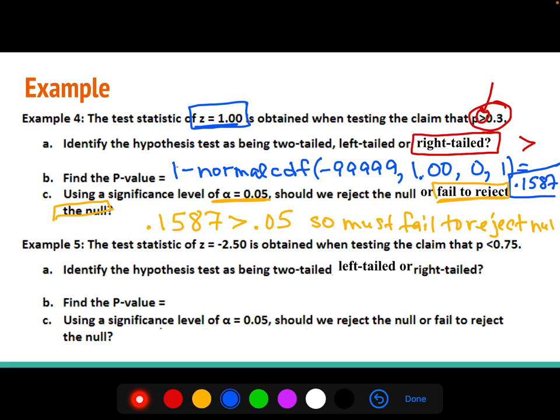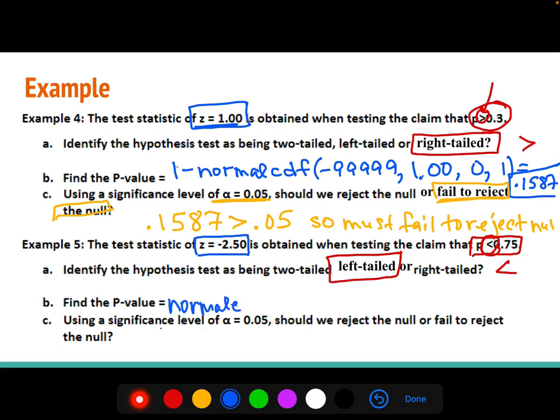Okay, let's go to example 5. Get a good grip on this. This one says our test statistic is z equals negative 2.50, and it's obtained when testing the claim that p is less than 0.75. Ooh, less than. Less than is going to mean left-tailed, okay? And if it's left-tailed, that means all our area is on the left, and this is a z, so it's normal.